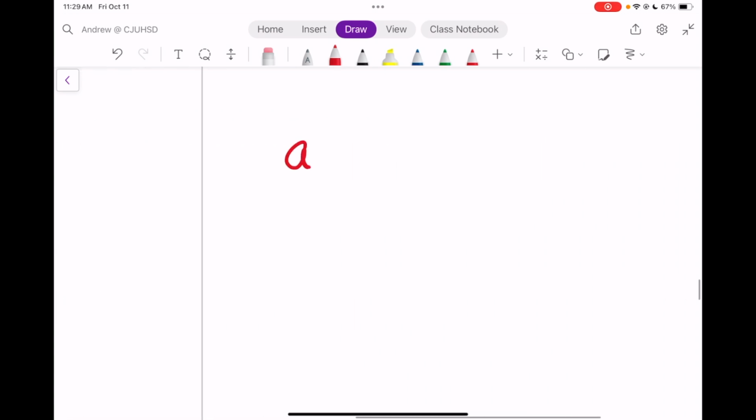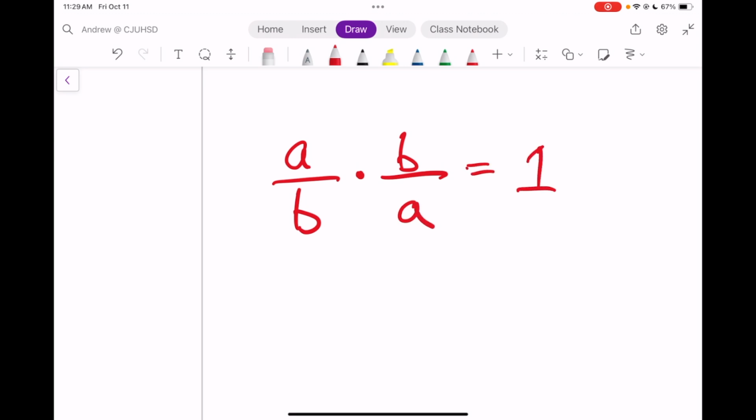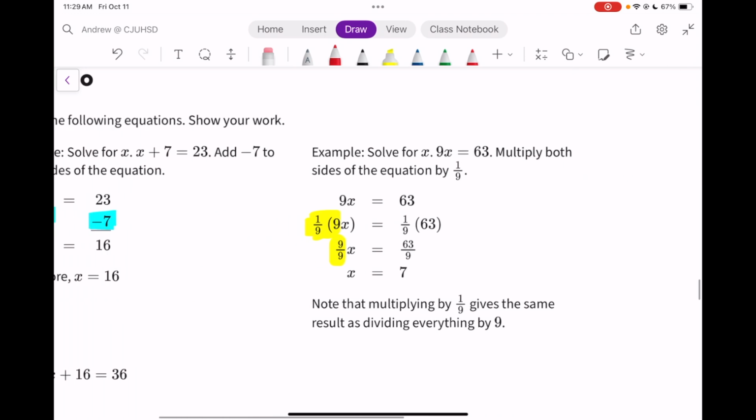So a over b, a fraction, times b over a, the reciprocal, is equal to 1. This works for any case except where a is equal to 0. So that's what they did. They took the 9 and turned it upside down.